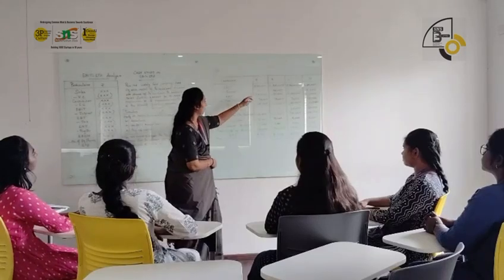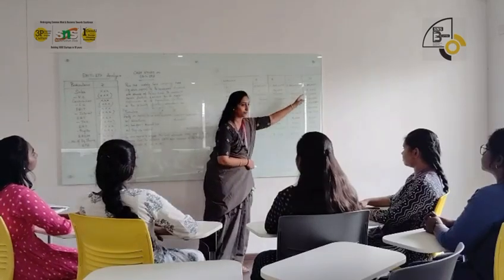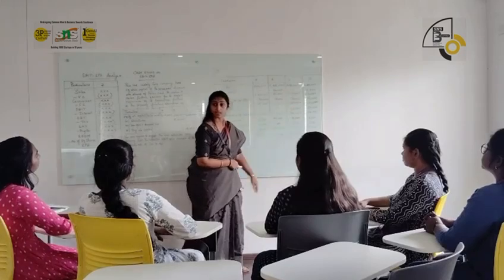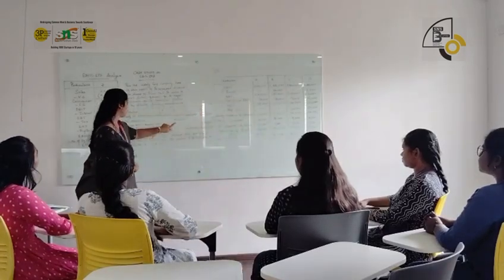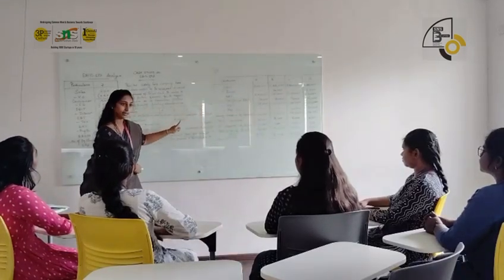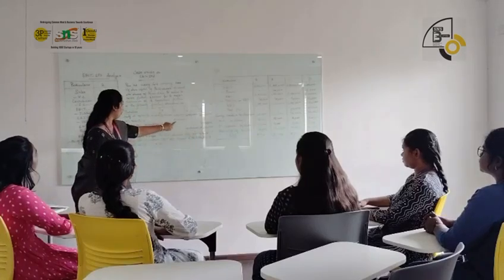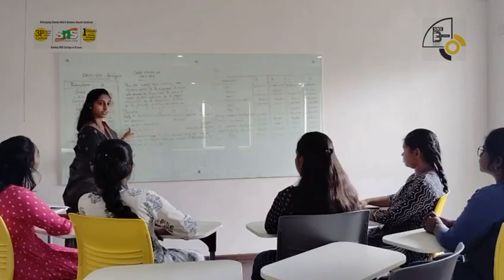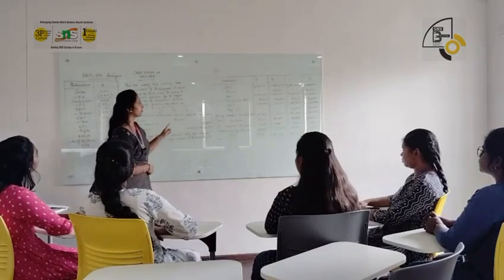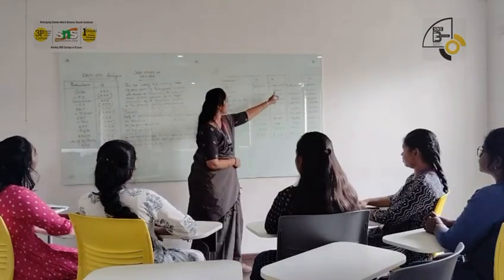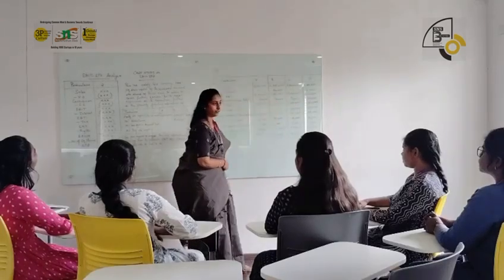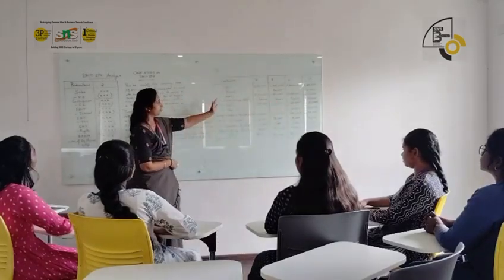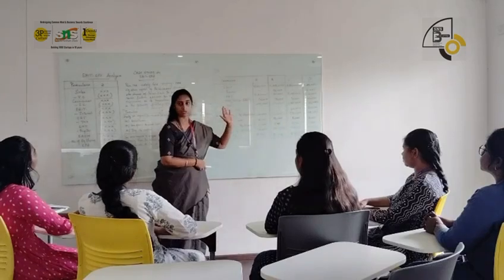That is why it is given here as 40,000 and 15,000 for B and D alone. So 4 lakh at 10% is 40,000, and 1 lakh at 15% is 15,000. We reduce that and get EBT.